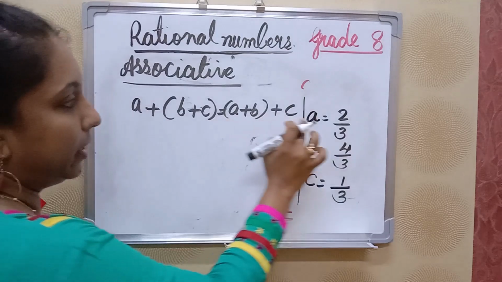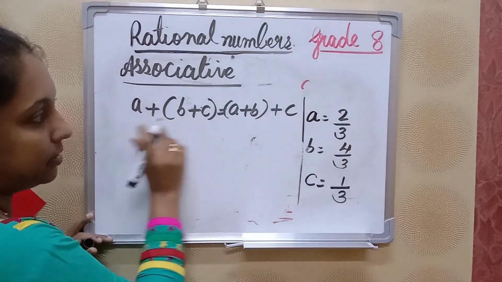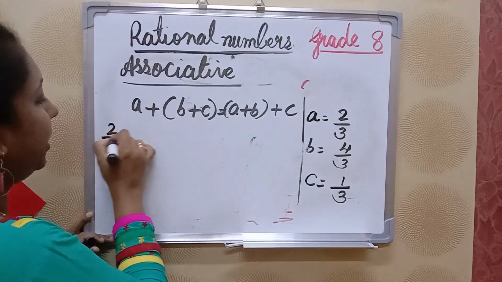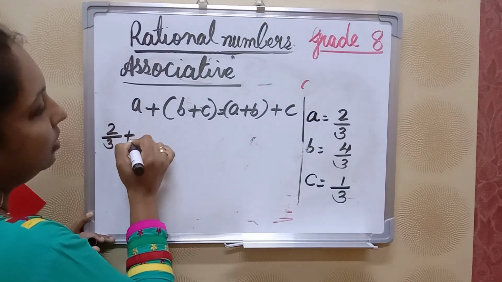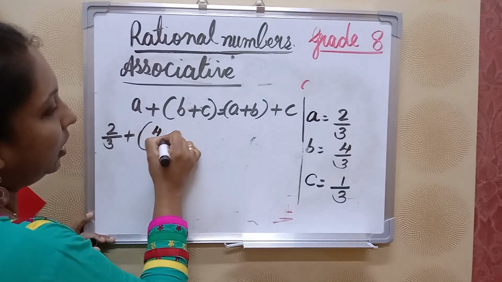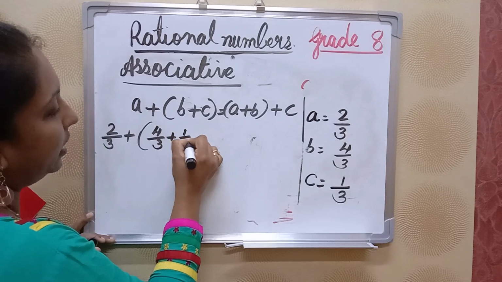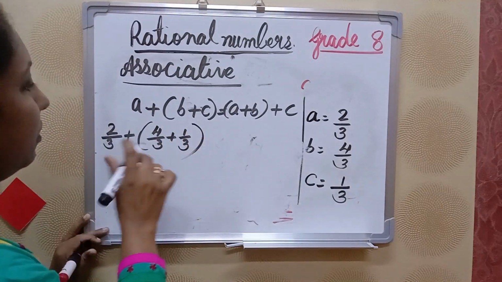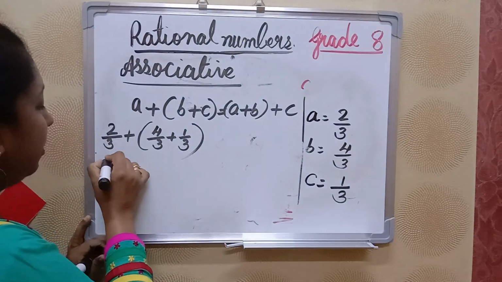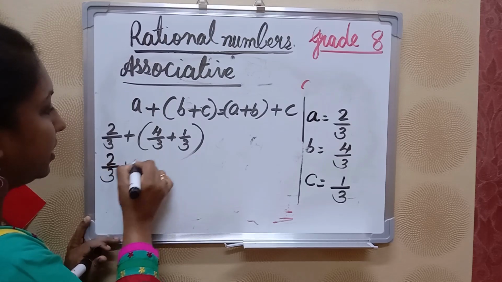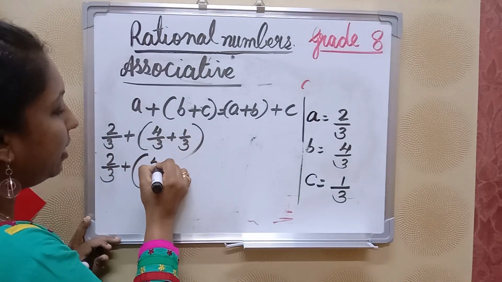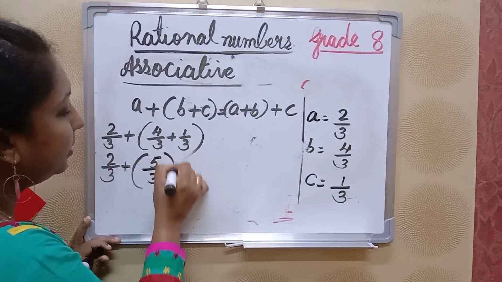A plus (B plus C), that is 2 by 3 plus, in brackets, 4 by 3 plus 1 by 3. Bracket first. First you have to do the bracket. This 4 plus 1, 5 by 3.